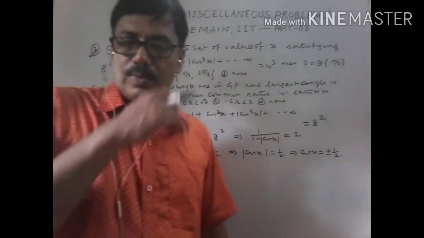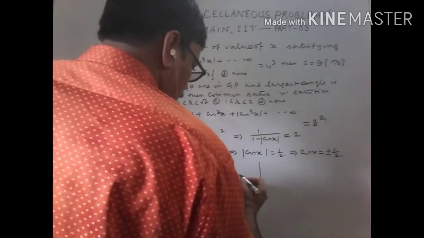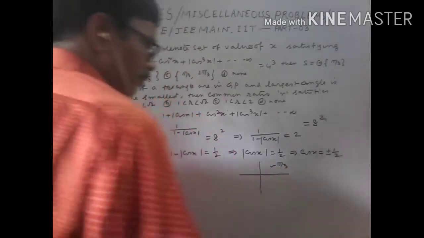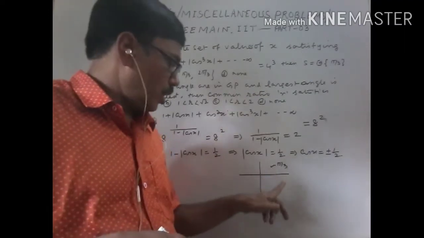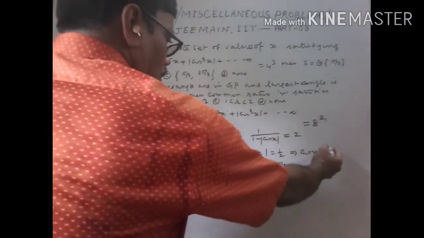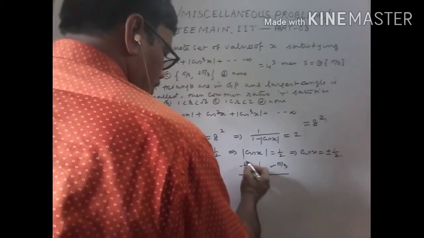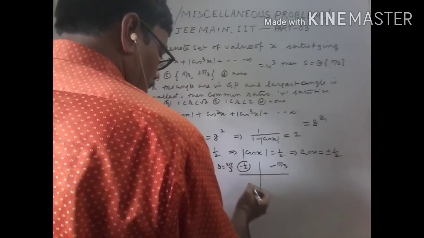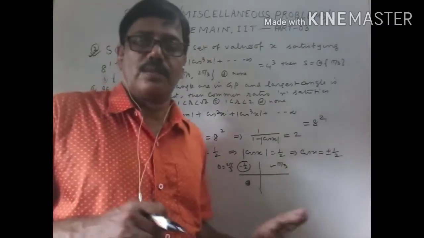In 0 to pi, if we take cos x equals half, one value is pi by 3, one positive value in the first quadrant and one in the fourth quadrant, which is not acceptable. Cos x is negative in the second and third quadrant. For minus half, theta is 2 pi by 3. You also get a value in the third quadrant, but it is greater than pi.